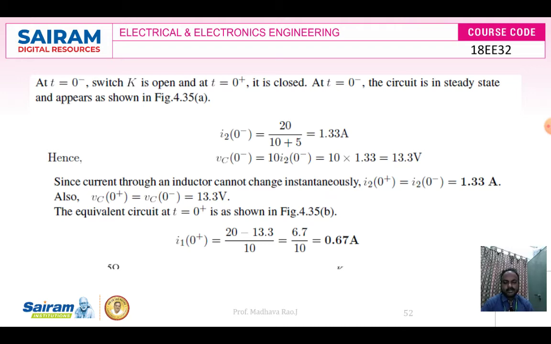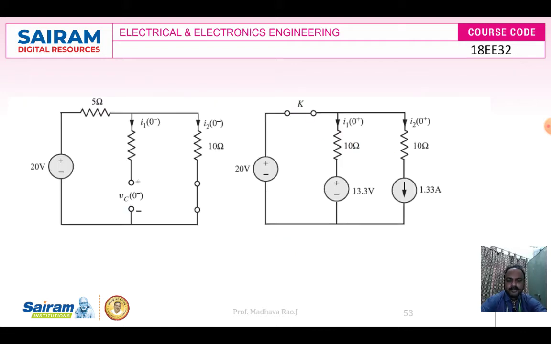Using that voltage, I1 is equal to (20 minus 13.3) divided by 10. The answer is 0.67, so I1 of 0 plus is 0.67.